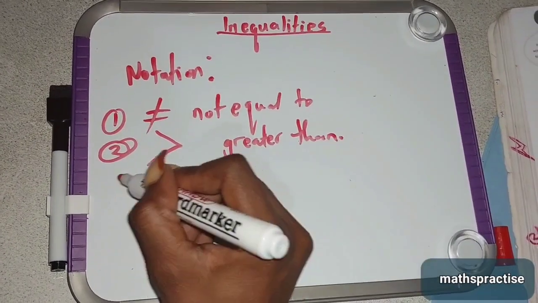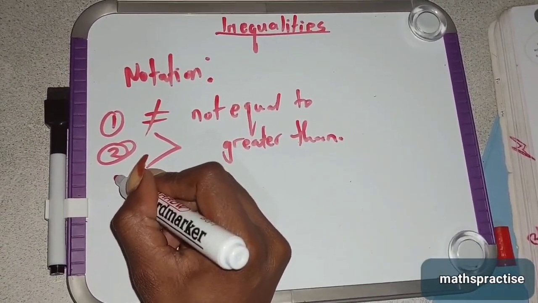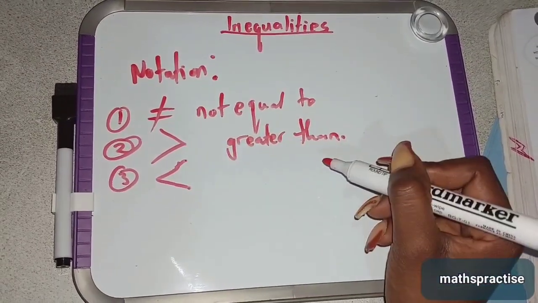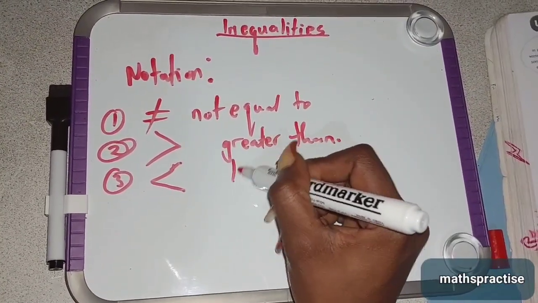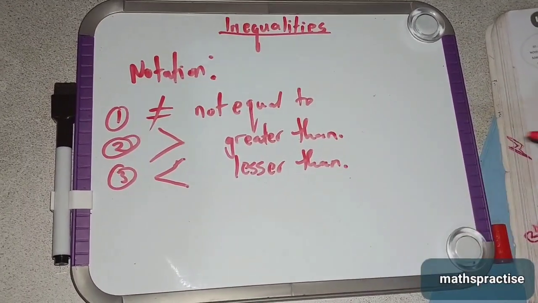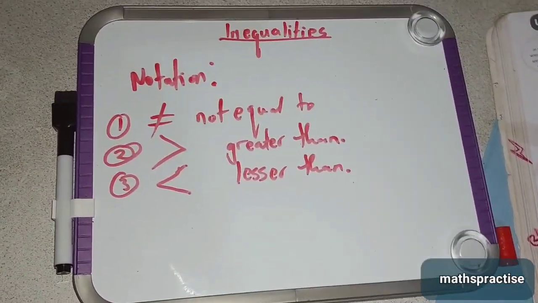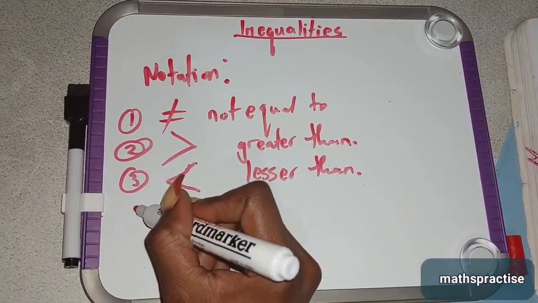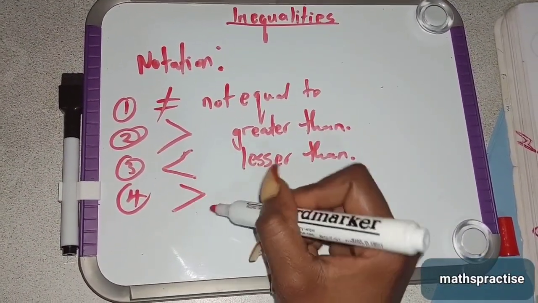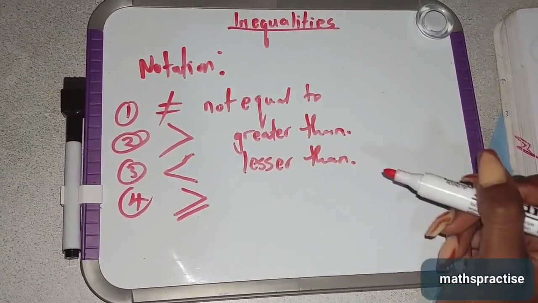Then we also have a third symbol that goes like this, which simply shows it's a lesser than sign. Then the fourth symbol is when we have a greater than, then we have a line below it.